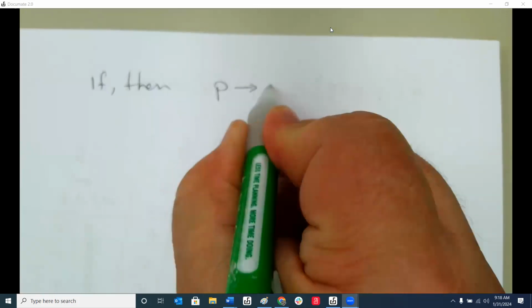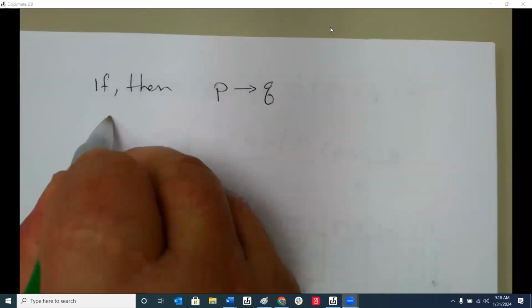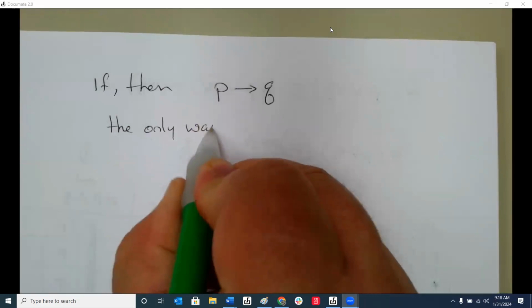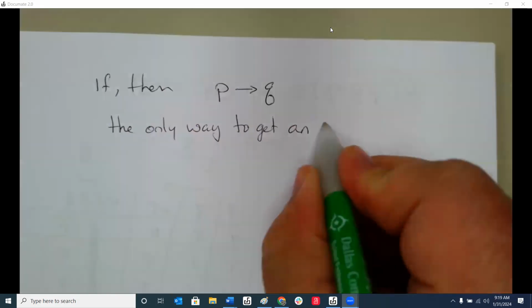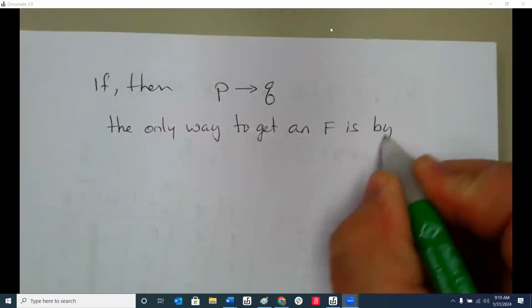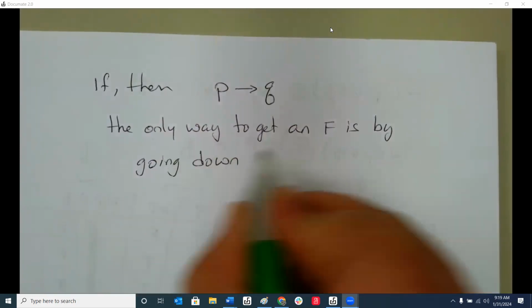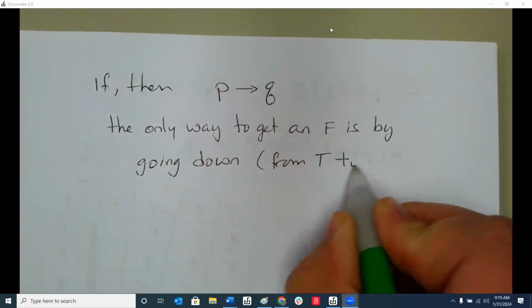Real quick, let's do the conditional statements. If then, in other words, P then Q. The only way to get an F is by going down, which means from true to false.